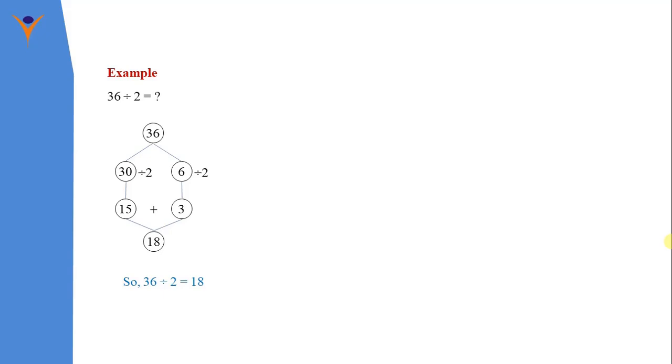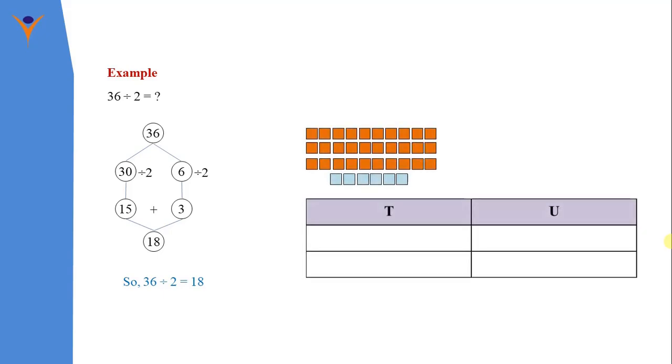Okay, let's look at another one. Now, we have here the same question. If you look at the counters, the ones that are orange in color, we have 3 tens there. And the ones that are blue, powder blue, we have 6 ones there. So 1 ten, 1 ten, 1 ten, 6 ones.